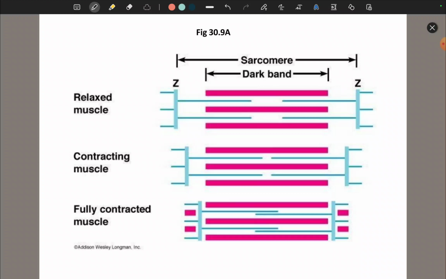When the muscle contracts, there will be shortening of the sarcomere because there will be more approximation of the actin filaments, which will approach each other beneath the myosin filament, as in fully contracted muscle.